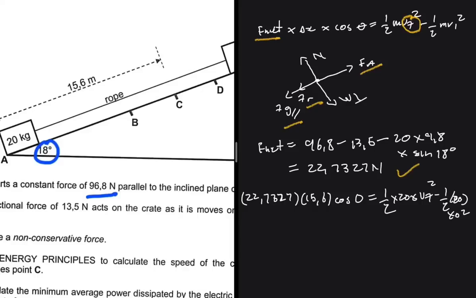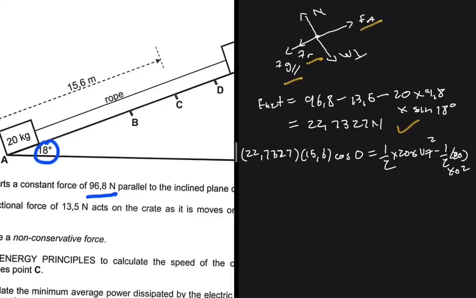22.7327 multiplied by 15.6 multiplied by 1. What am I getting? I'm getting 354.6301, which equals a half times 20, that will be 10, and then we have VF squared.